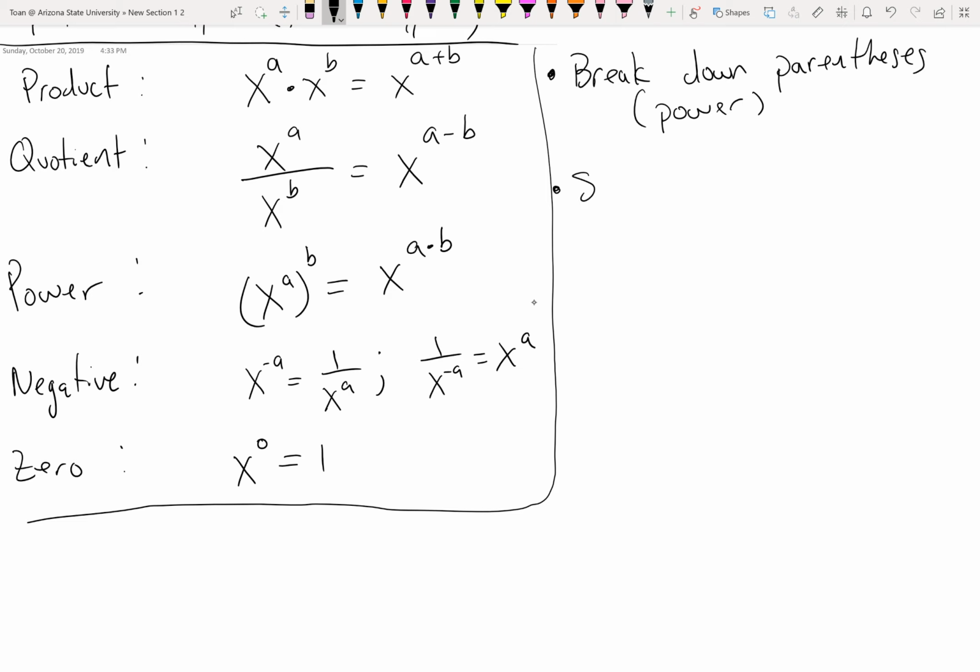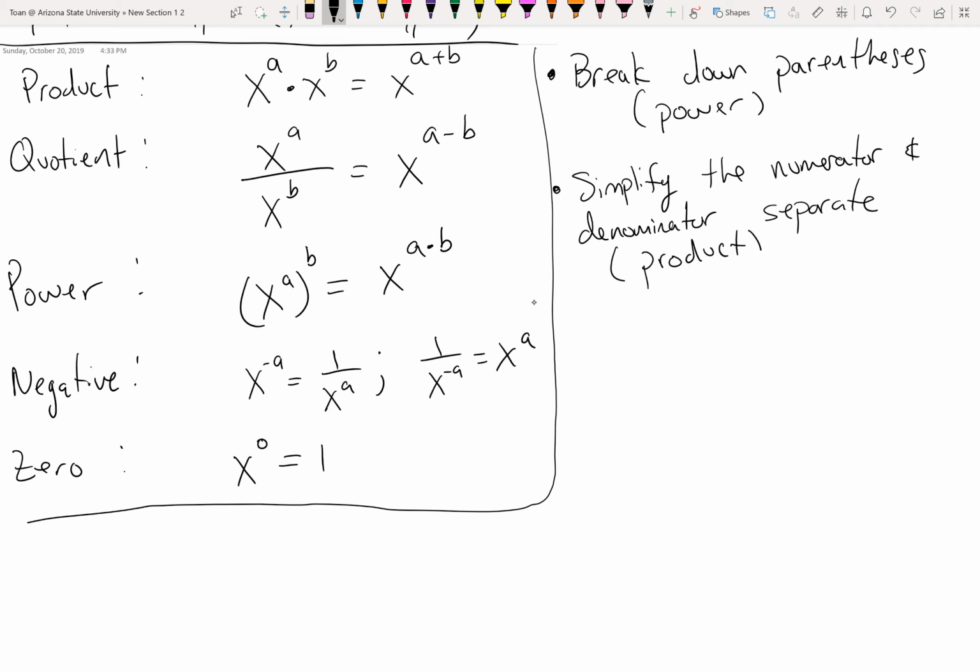Once I do that, I simplify the numerator and denominator separately. So don't look at the big picture, break it up into smaller pieces. And this usually means we're going to use the product property. And then only when the numerator and denominator are completely simplified, you apply the quotient property if needed.